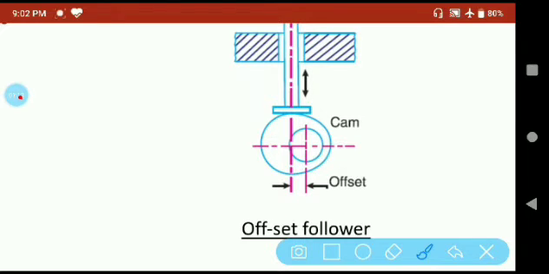So here you can see the axis of the follower and the center of the cam are separated by the offset distance. That is why it is known as an offset follower.